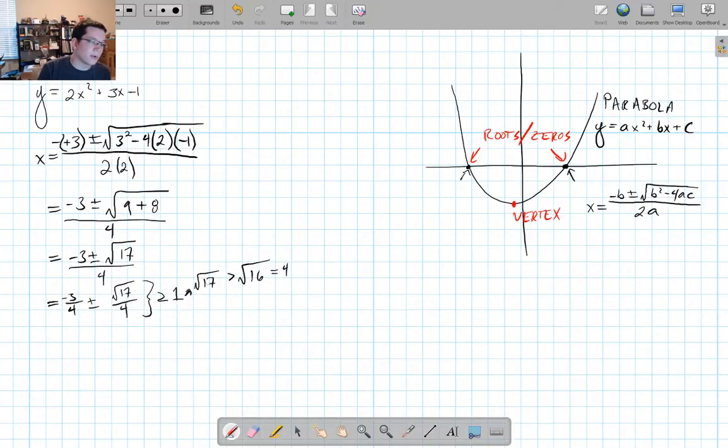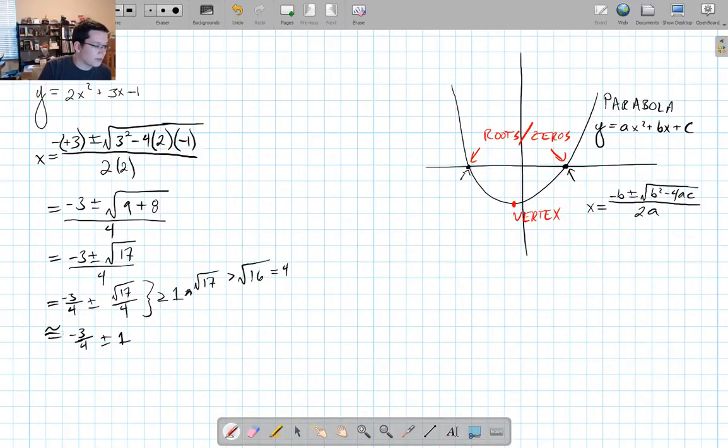And since we have a number a little bit bigger than 4 over 4 itself, we know this number is going to be a little bit bigger than 1. So going with that for the time being, we'll do negative 3/4 plus or minus 1.